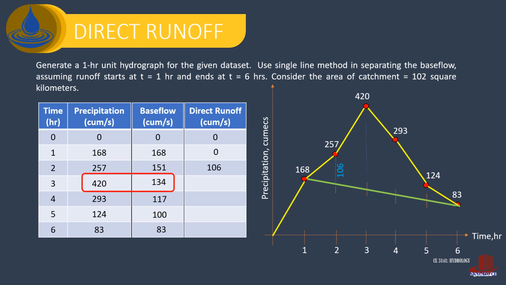At T3, it is 420 less 134, which is 286 excess. Then 293 less 117, or 176 cumecs at T4. 124 minus 100, or 24 for T5. And again, no excess rainfall at T6. The column for DR was completed.